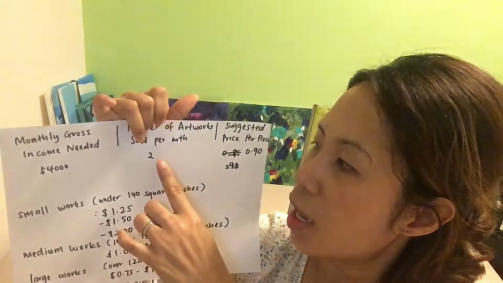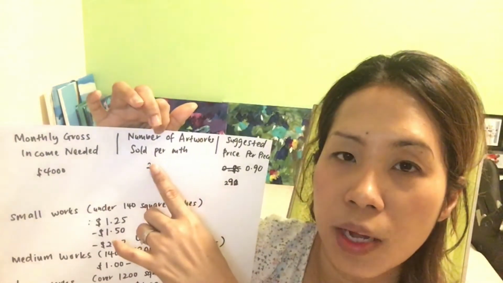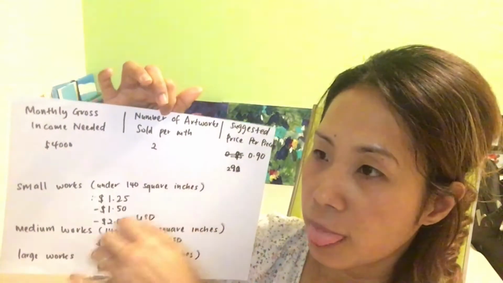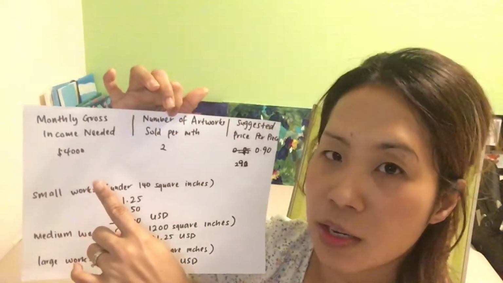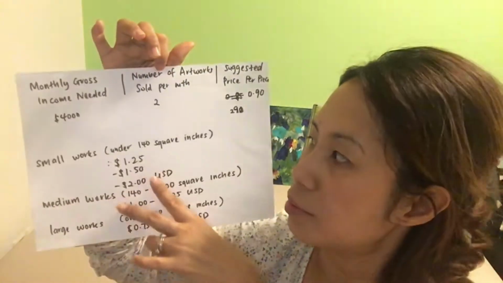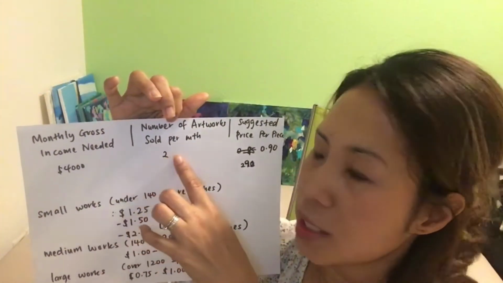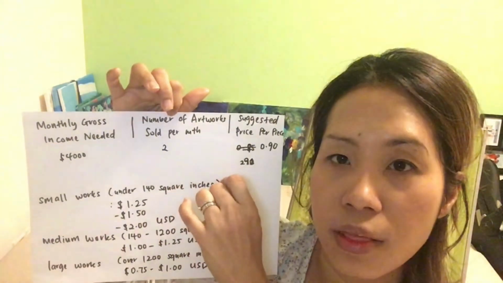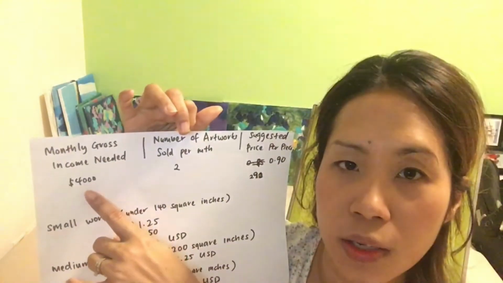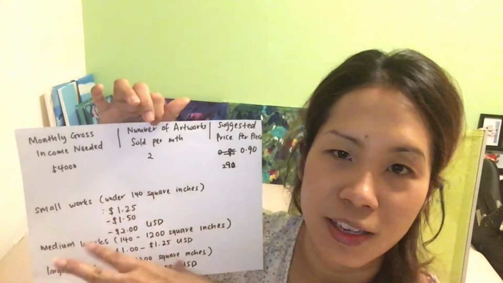As you know, the number of artworks I sold per month was 2, and this is not enough to cover. I'm actually in the red. I actually need to sell 13 paintings a month to get to my money goal. So you see the discrepancy here.